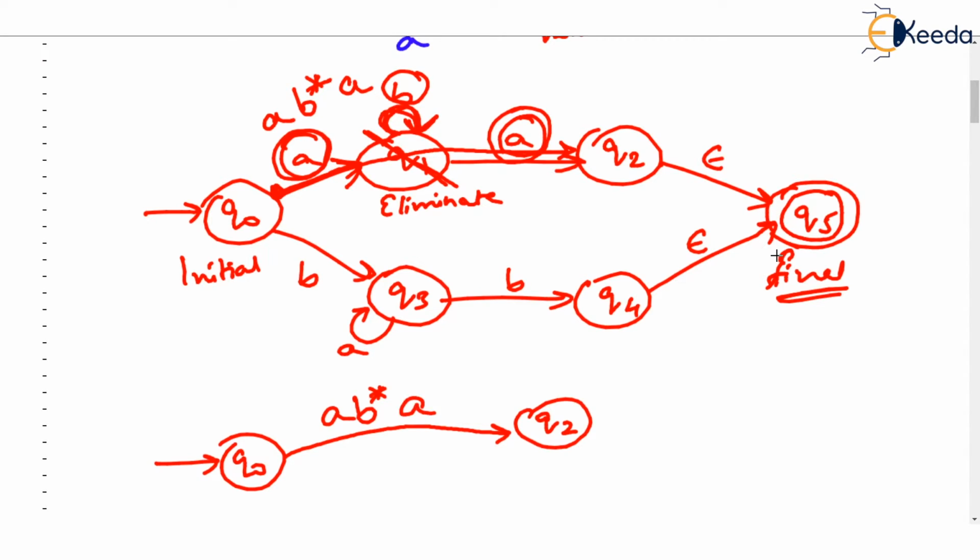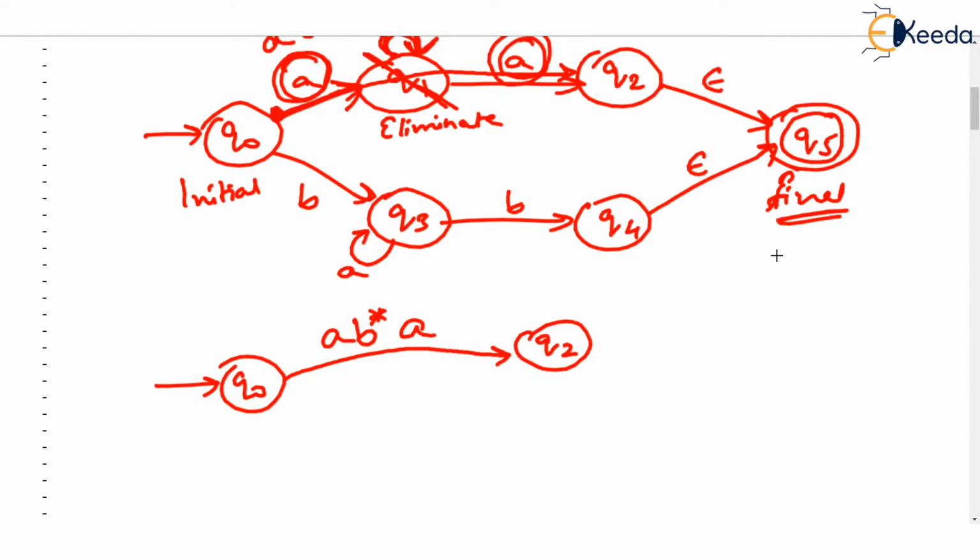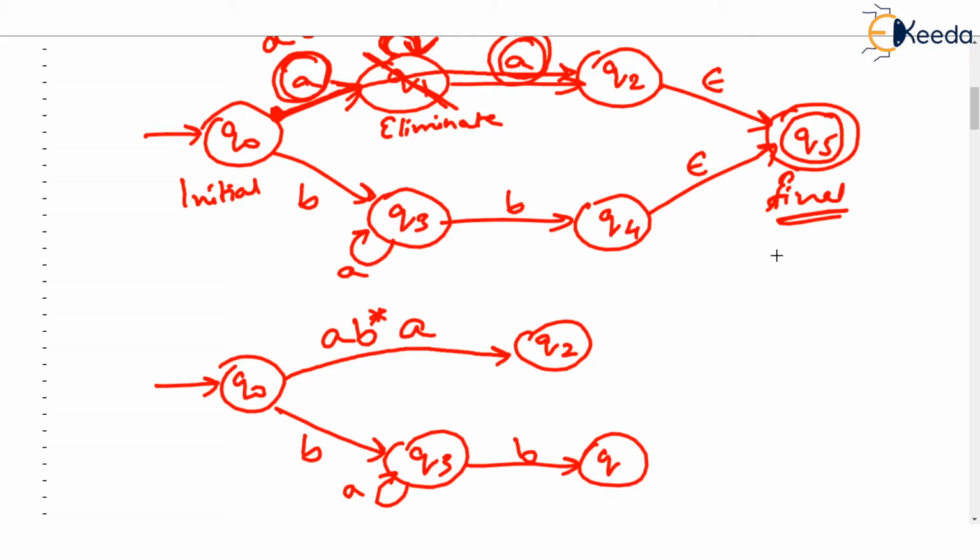So we have written this regular expression from Q0 to Q2 after eliminating Q1. Okay, and the rest remains the same. We have B, then we have Q3 with a loop on A, and then we have B and Q4, and we have a single final state with an epsilon transition going to Q5.